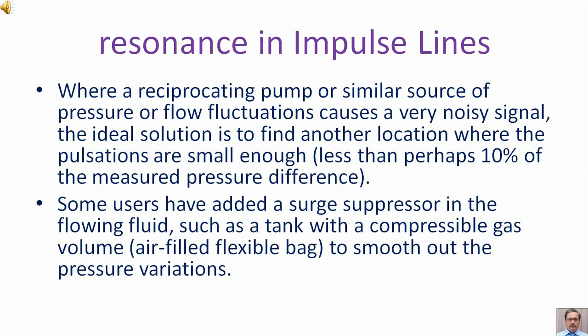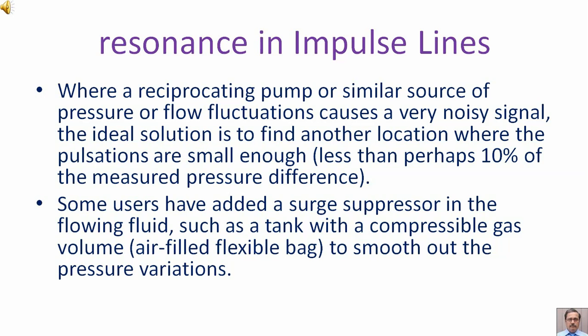Where a reciprocating pump or similar source of pressure or flow fluctuations causes a very noisy signal, the ideal solution is to find another location where the pulsations are small enough, less than perhaps 10% of the measured pressure difference.